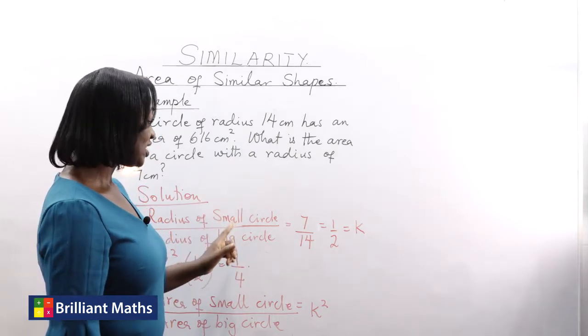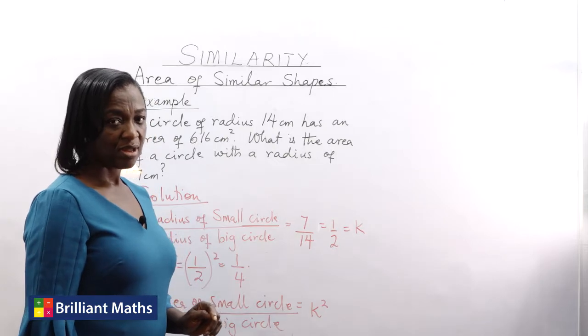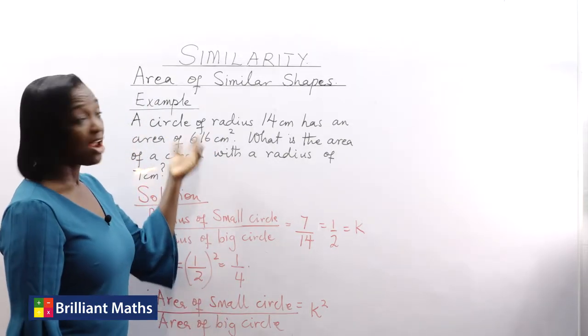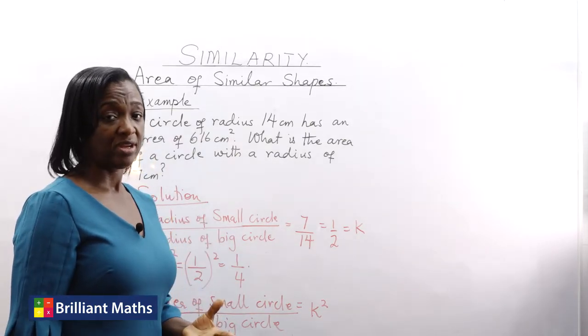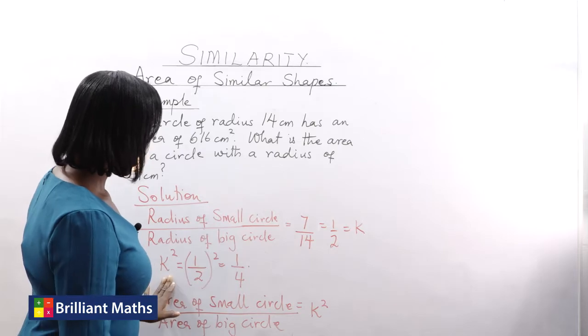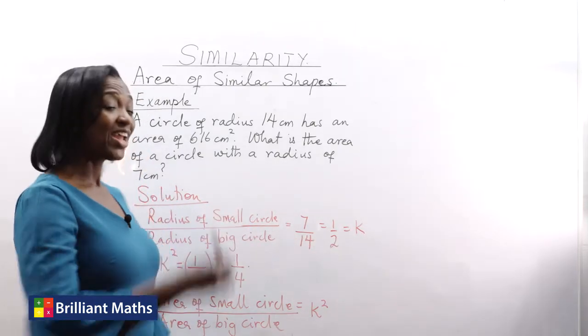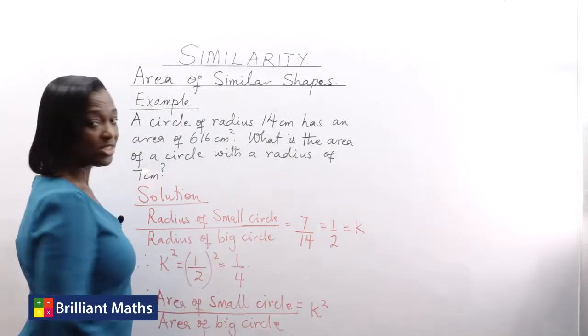So the small circle is half of the big circle. Then remember that for the areas, the ratio of corresponding areas is equal to k squared. So if our k is equal to half, then our k squared is equal to half squared, which is 1/4.